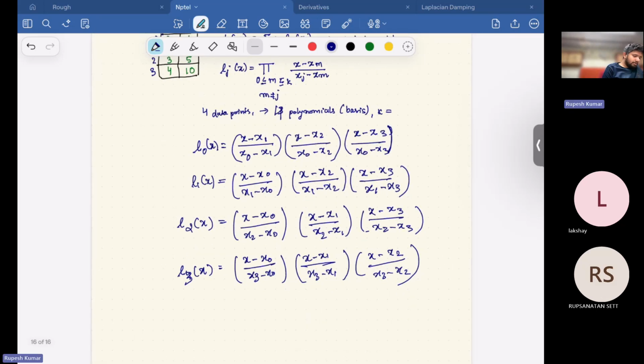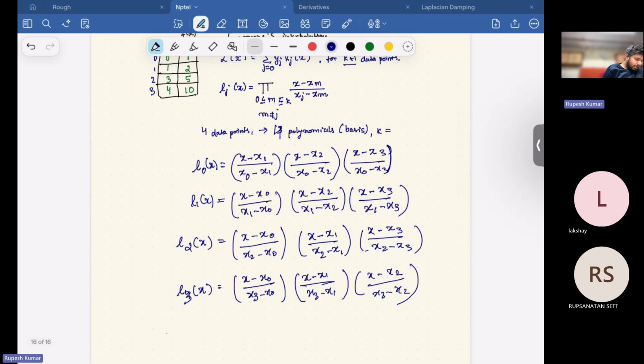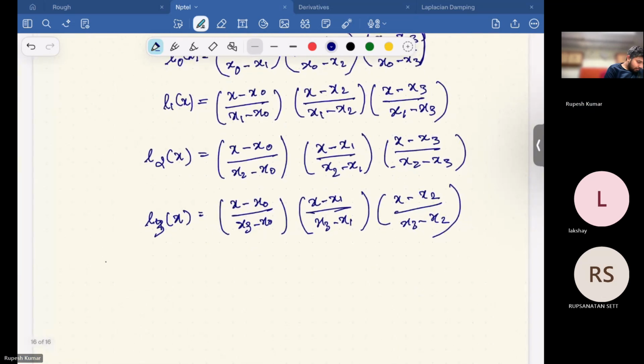If you observe something here, for any Lj(x), Lj of xk with k not equal to j will always be 0.